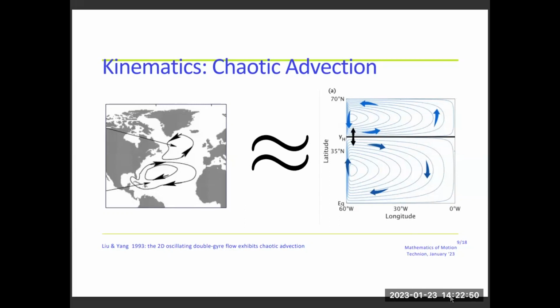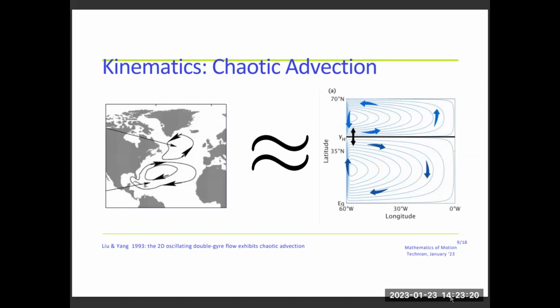In the North Atlantic, we generally have 2 gyres. It's a double gyre flow. The southern parts of this gyre are termed the Gulf Stream. And this is basically the backbone of the surface flow in the North Atlantic. This can be approximated by 2 asymmetric gyres in a box.